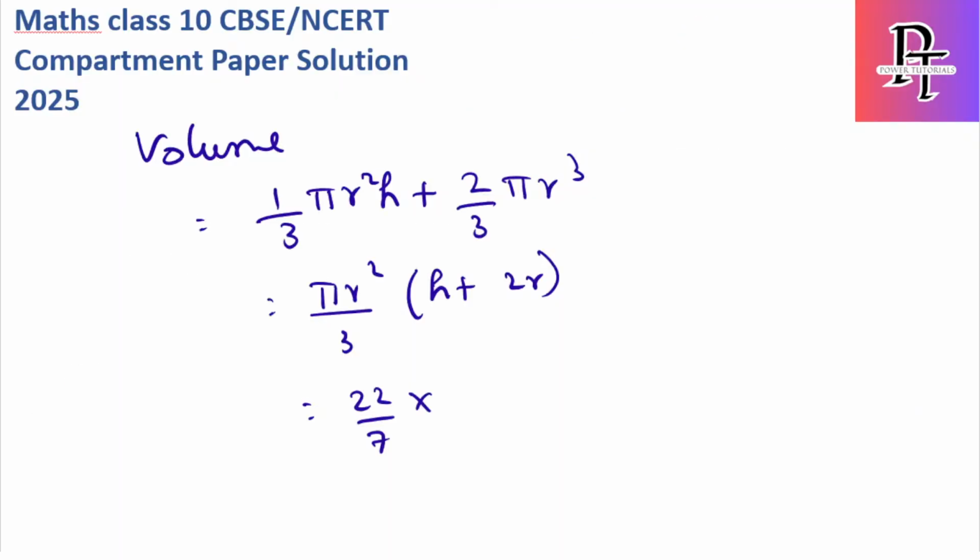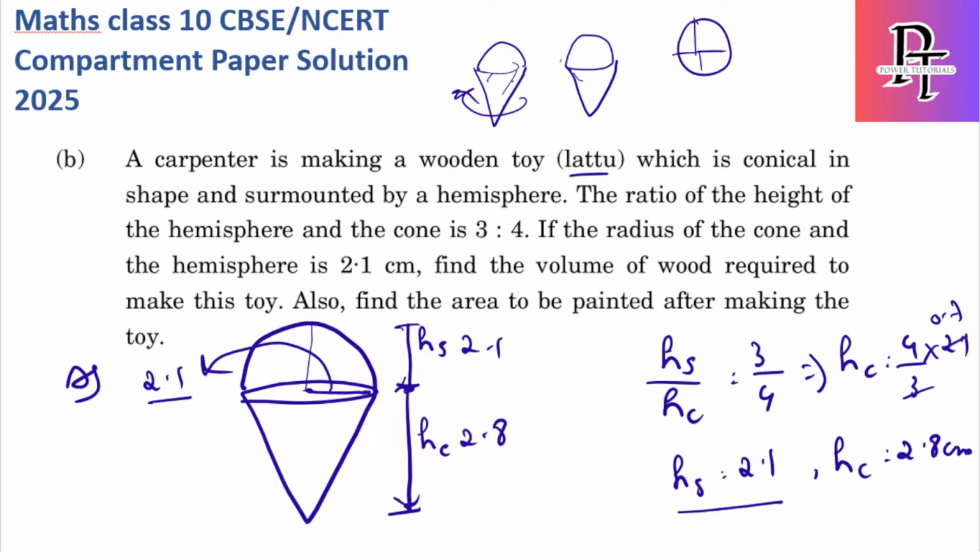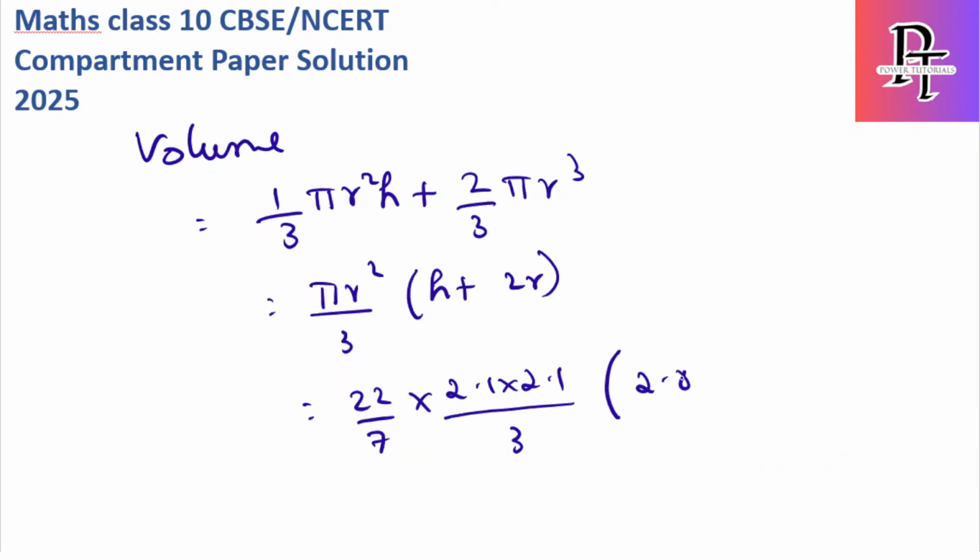2.1. So 2.1 into 2.1 by 3 into h value. H value of cone is how much? 2.8 plus 2 into r value, which is 2.1.